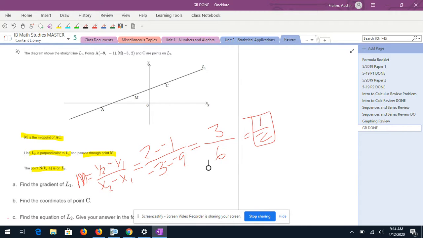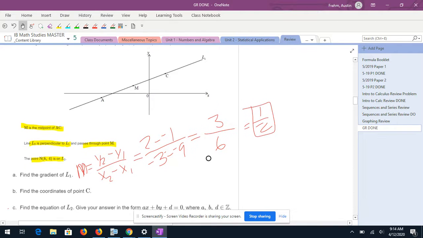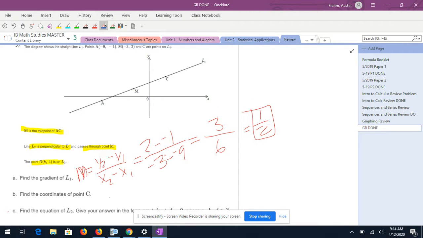So that means if we wanted to find the x-coordinate of point C, we know that -3 would have to equal the x-coordinate of point C plus -9 divided by 2. -9 is the x-coordinate of point A. So it's the average of those 2 points. So then if we simplify this for x, I would multiply both sides by 2 to get -6 equals x plus -9. I would then add 9 to both sides, and the x-coordinate would come out to be 3.